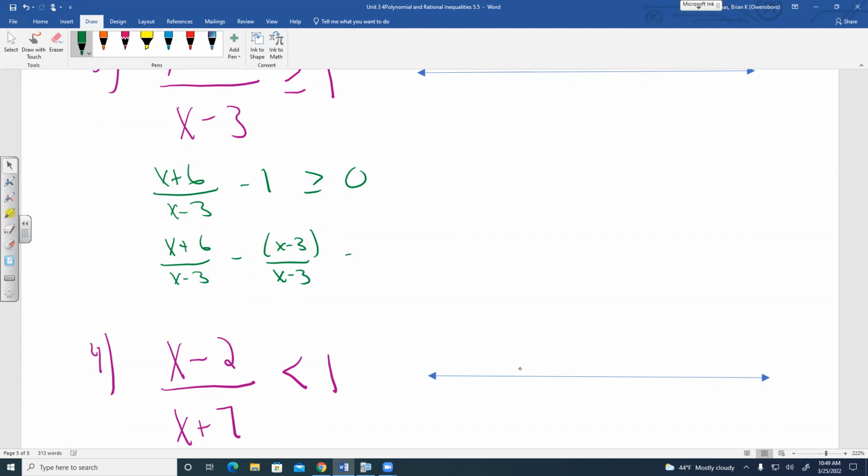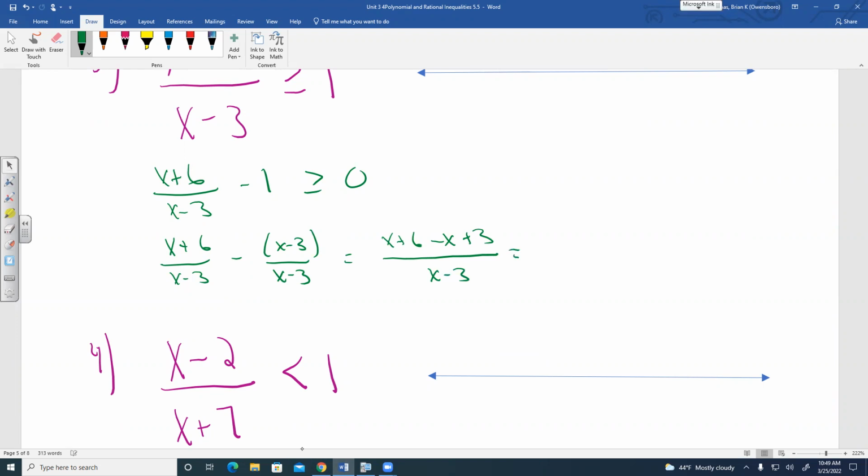So when you put this together now, because remember, if you have like denominators, you just put the numerators together. So this is going to be x plus 6. And when you put the top together, the subtraction sign's got to go through. That's going to be a negative x plus 3 over x minus 3, since we keep the same denominator there.